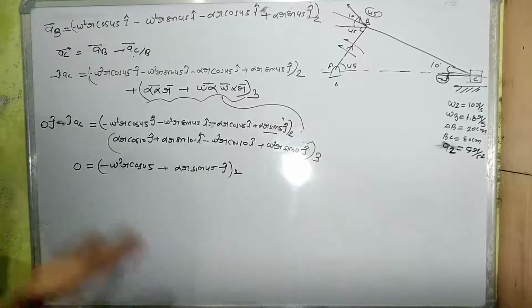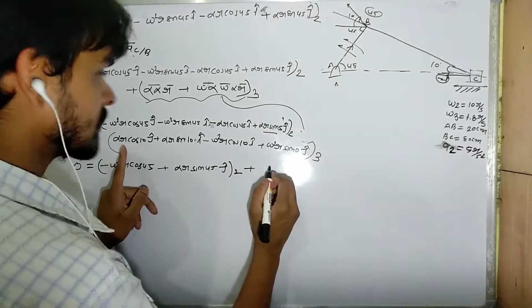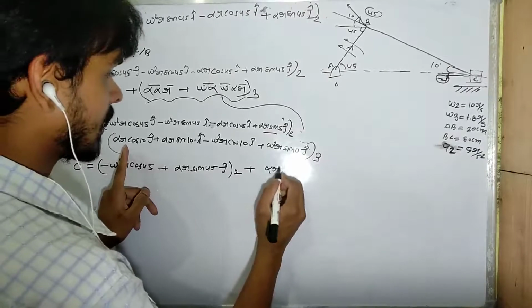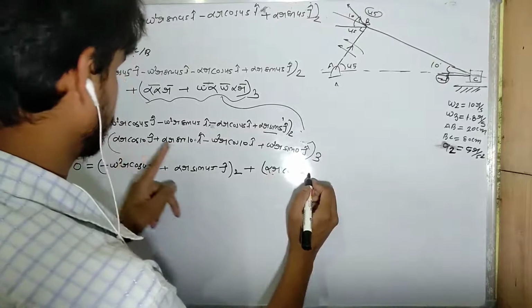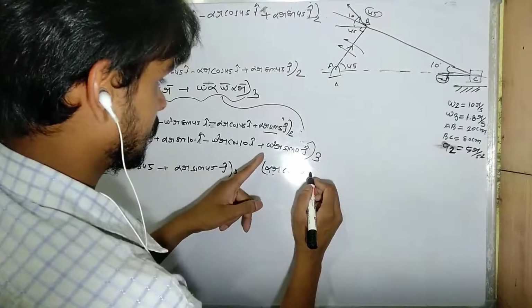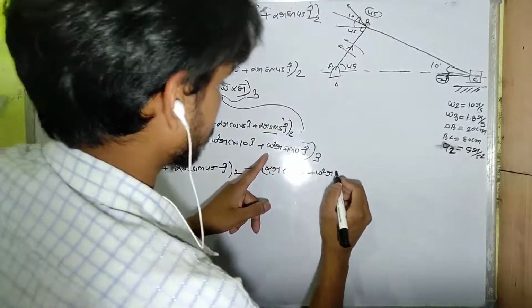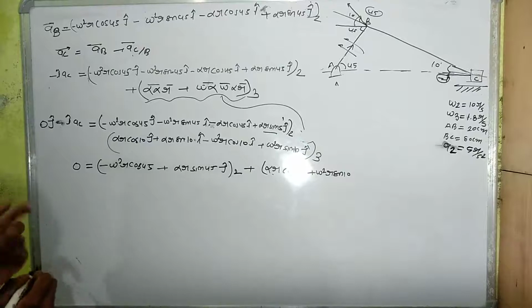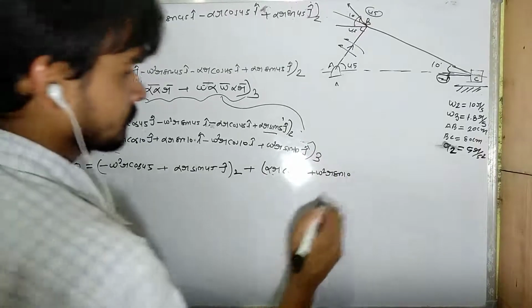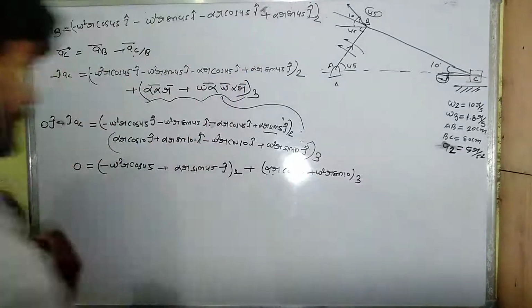Coefficient of i cap, I am equating j cap actually, so here plus alpha r cos 10 and plus omega square r sin 10. Am I right? This is for link 3.